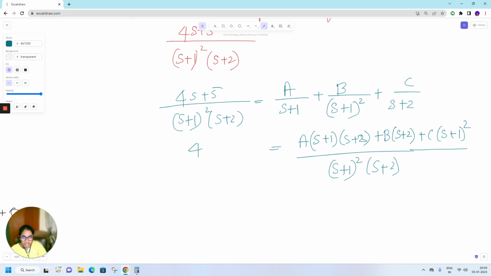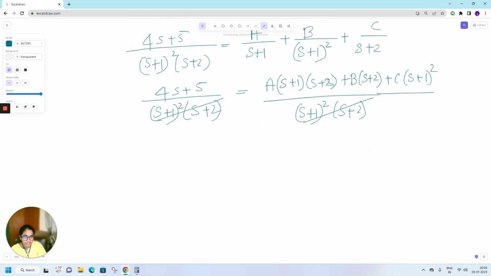What do I have in the LHS? I have 4s plus 5 divided by s plus 1 the whole square into s plus 2. The denominator terms are same, so it gets cancelled.